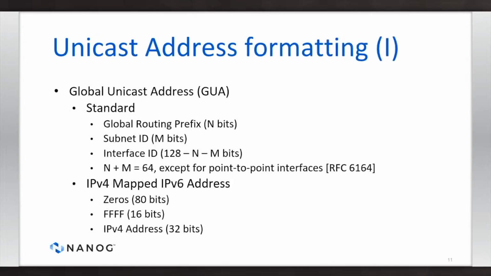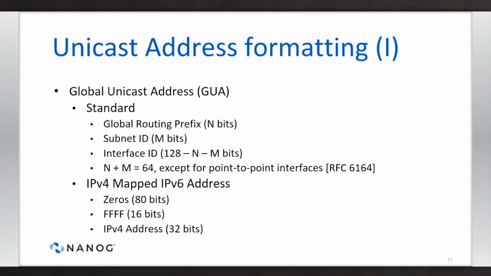Okay, let's talk about what these addresses look like. Well, a GUA, a global unicast address, a standard one, has a global routing prefix, N bits, a subnet network, M bits, and an interface ID that is 128 minus N minus M bits.